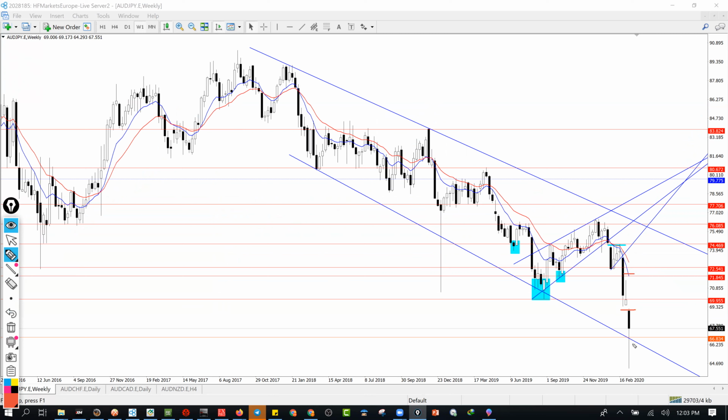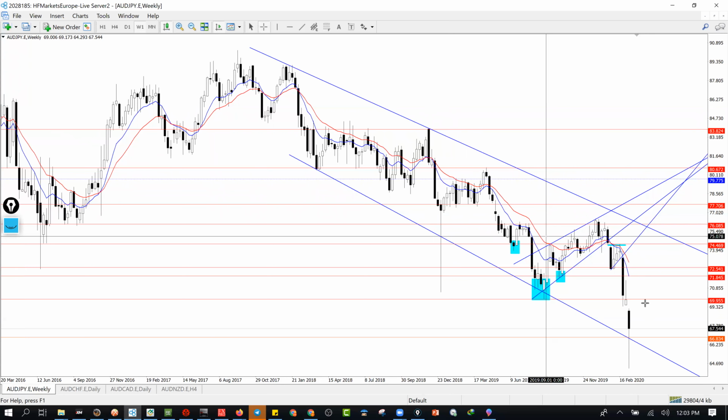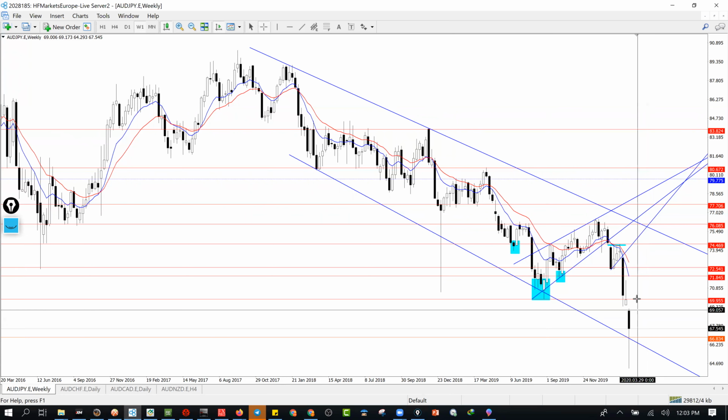I told the students who attended the trading class that this trade is based on the weekly time frame, and it can take weeks. So you should reduce your position size, because we have to apply our stop loss some distance away, which is very far from our entry level.